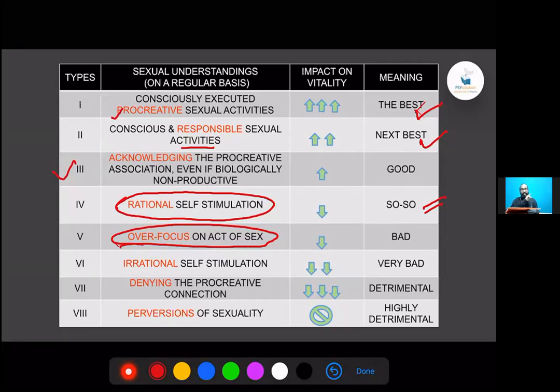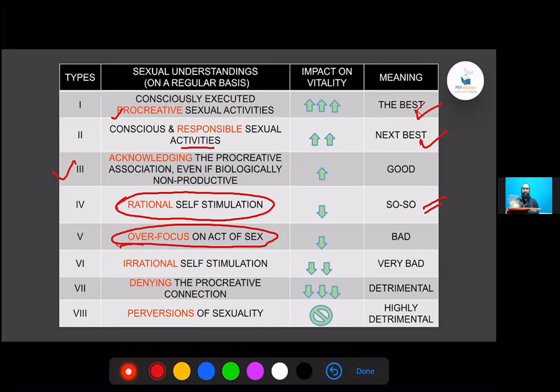So as the seed and nuts are very concentrated because they contain life, similarly the reproductive fluid contains life or supports life. In both cases, it is very complex. So over focus on the act of sex.